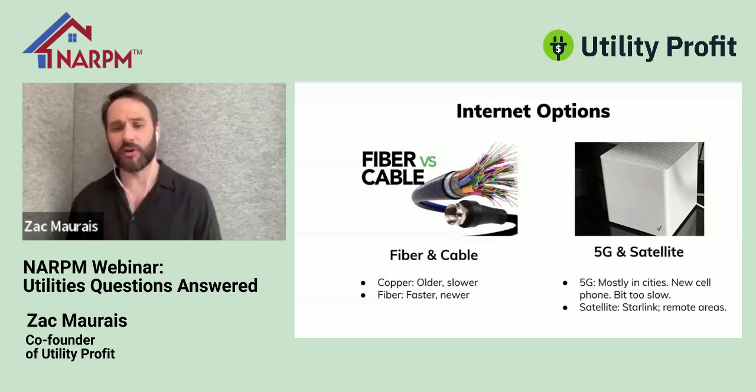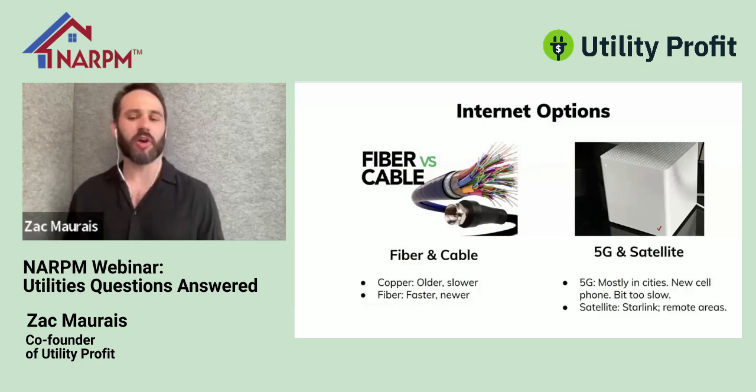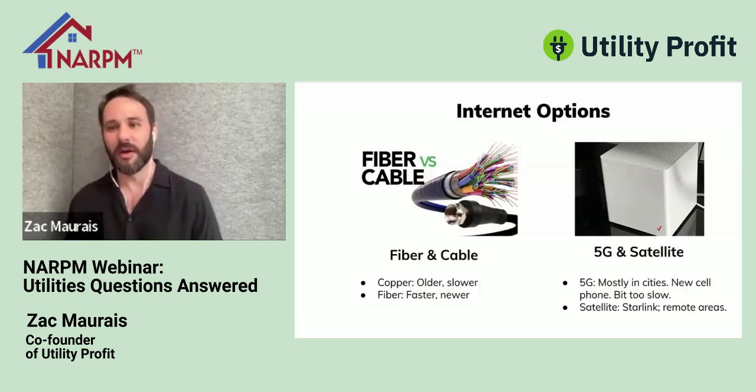5G and satellite are over here on the right. These are the most modern offerings. They're still a little slower to make a huge impact and a bit more expensive, being new technology. A lot of telecom companies are pushing 5G. 5G will be for cities. It's like the future of cell phone, but used for internet capacity.